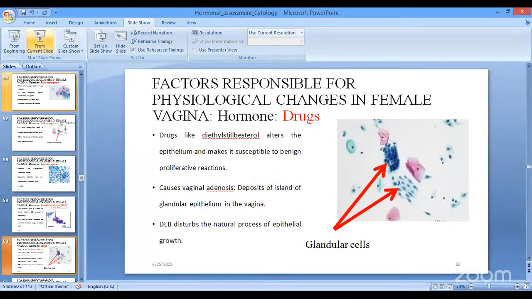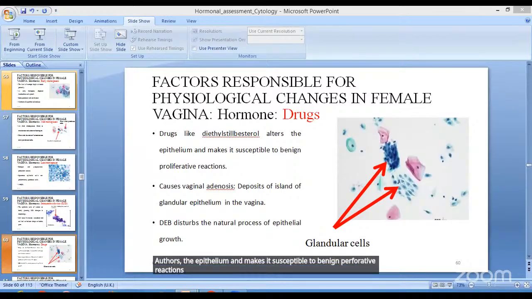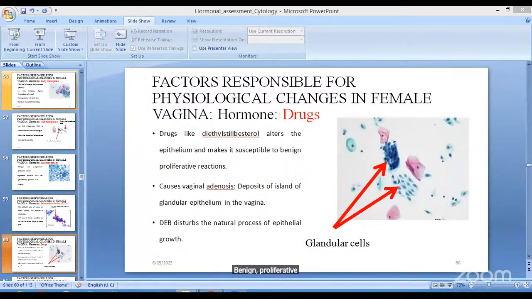Drug effect. Drugs change the cellular features seen in the female. So, for example, drugs like diethylstilbestrol alter the epithelium and make it susceptible to benign proliferative reactions. This is a very dangerous state. Benign proliferative reactions have been identified as the driver of malignancy.